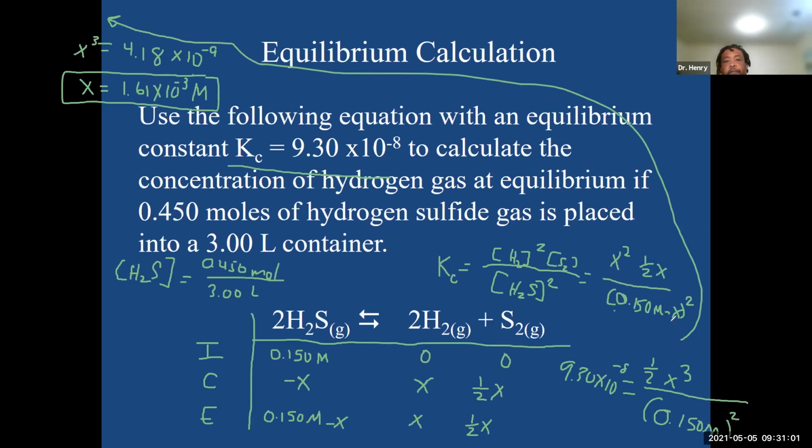If it's more than 5% off, then you know that you made a mistake, or that you can't make that assumption. So you plug it in here and see what your K value is. If you're 5% off of that K value, then it's incorrect and you can't make that assumption. You have to do it the hard way.